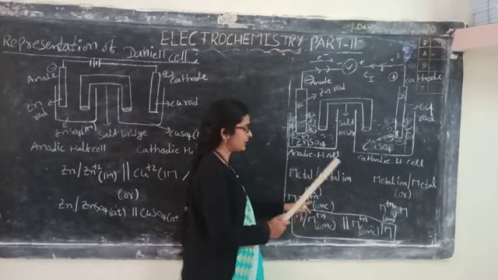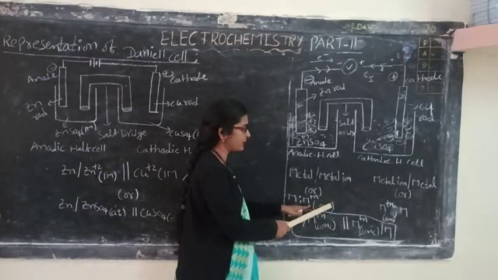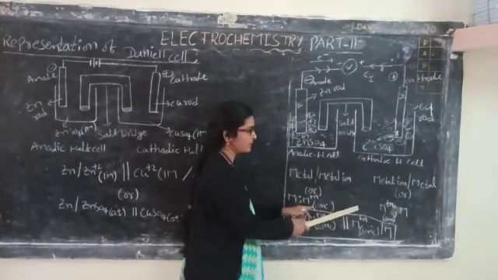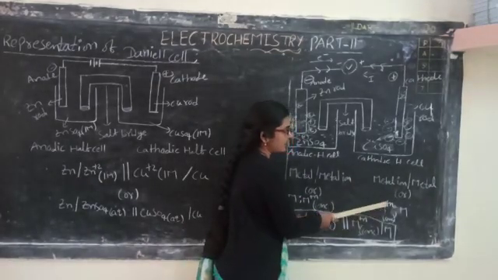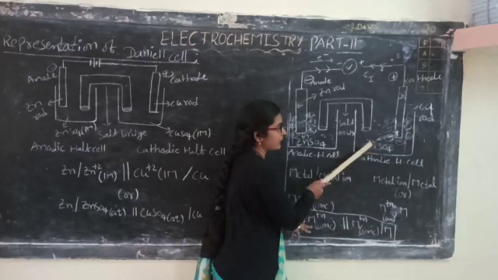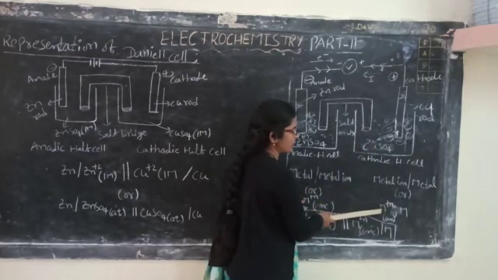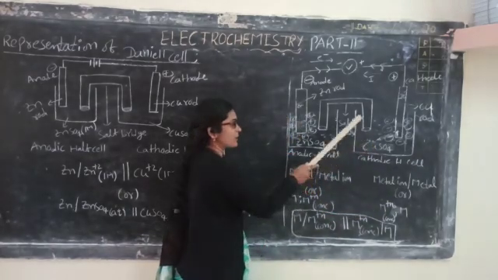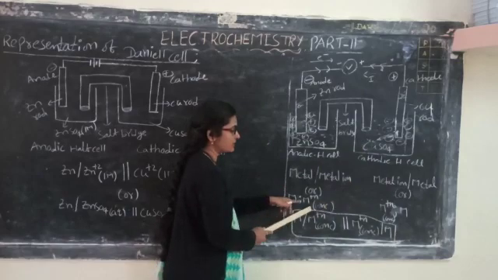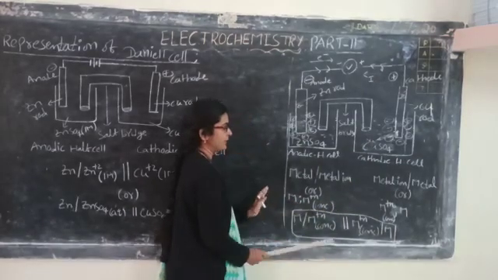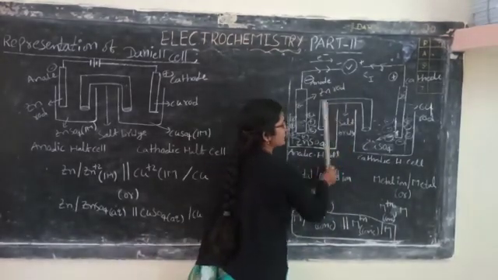The same applies where the metal ion is present in the electrolytic solution: we represent the concentration in brackets. So these are the two half cell representations.